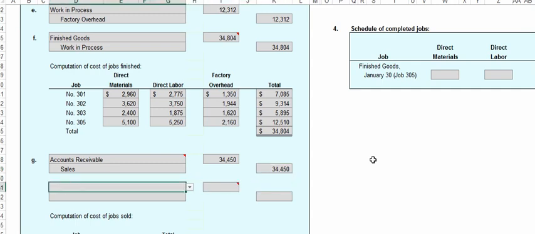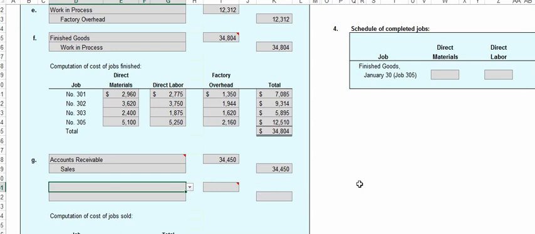Okay, but now, just like when we were selling merchandise back in financial accounting, if we're selling manufactured goods, we've got to make two entries. One entry at the sales price to increase the asset account, either cash or accounts receivable, and to increase the revenue account sales. Then we have to make a second entry at cost.